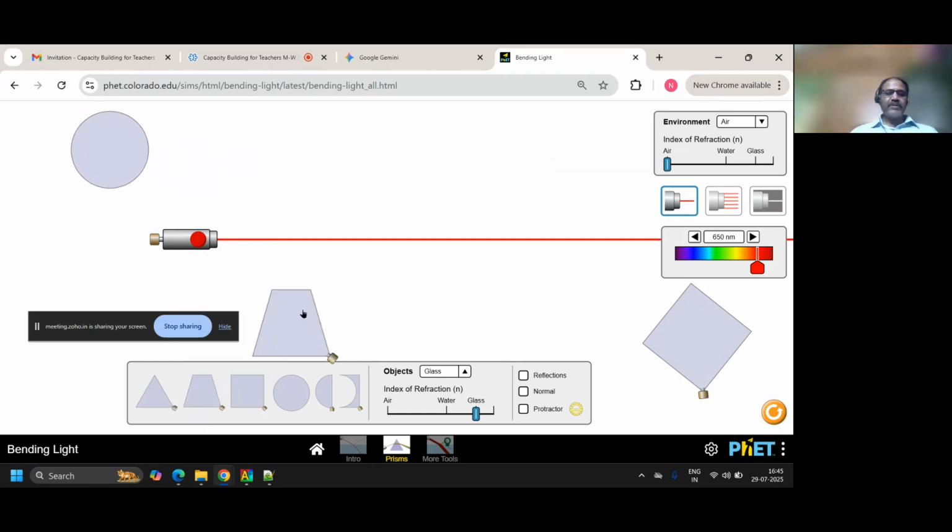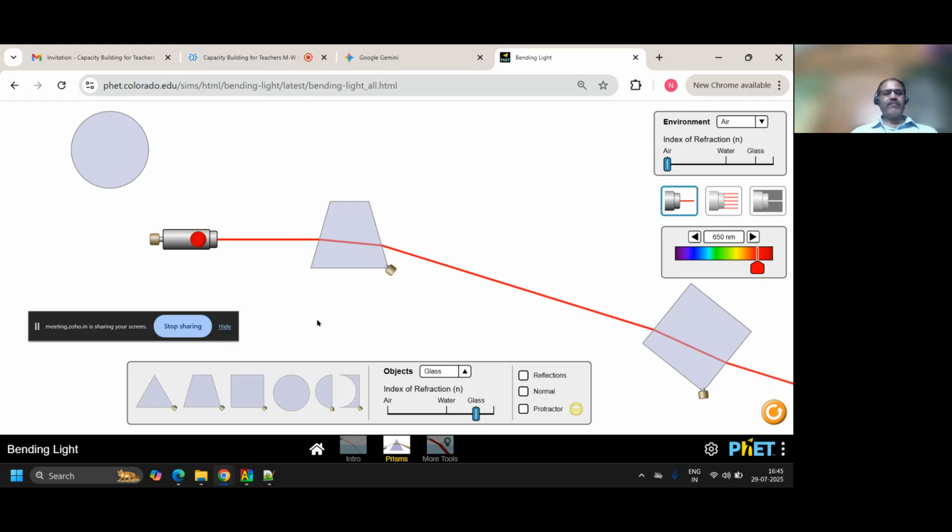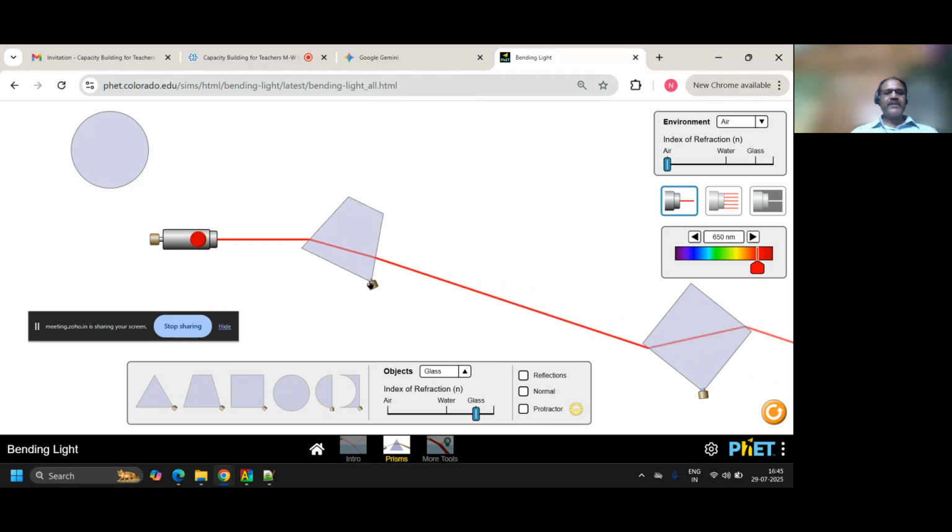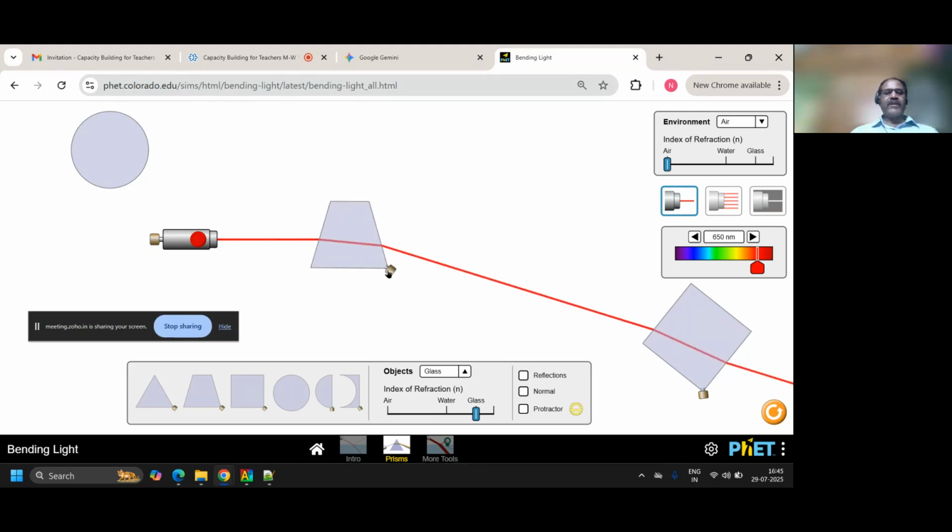I take a trapezium model. When I take a trapezium model, this angle is different. If I tilt, then it changes a whole lot. Now when I move like this, almost we have countered the angle of refraction here, so this ray looks like a straight line. Whereas when I put like this, there is one refraction happening, there is another refraction happening.